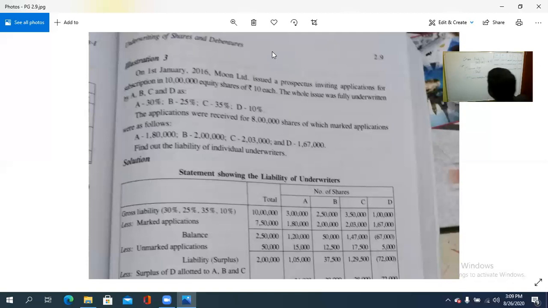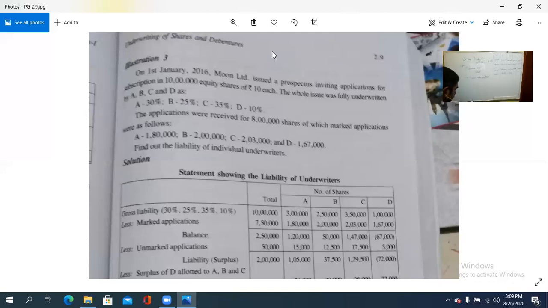The 50,000 unmarked application, in which ratio should it be taken? It should be taken in this ratio. So 50,000 into 30%, how much? 15,000. For A it is 15,000. Then 50,000 into 25%, so 12,500.